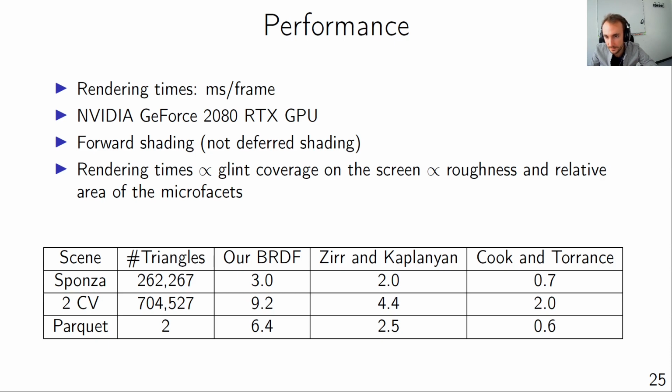It takes 2 milliseconds to render with the non-physically based glittering BRDF of Tsier and Kaplayan, and it takes 0.7 milliseconds with the non-glittering BRDF of Cook and Torrance. If we look at the performance for the other scenes, we have a raise of computation times between 50% and 156% compared to Tsier and Kaplayan.